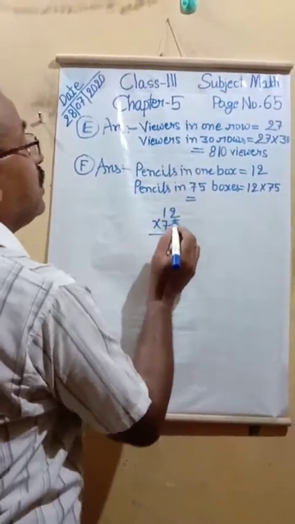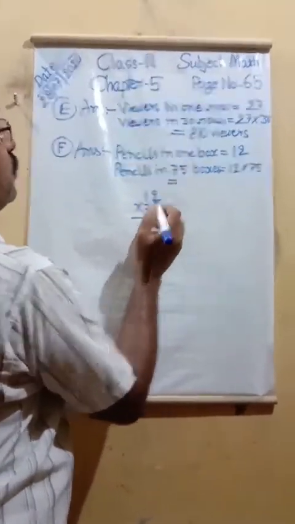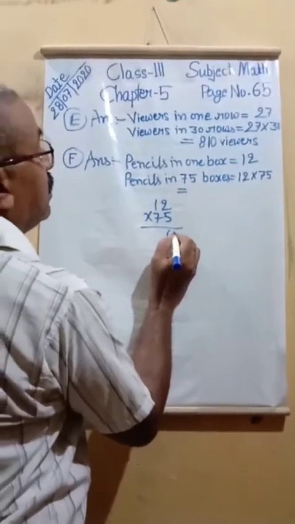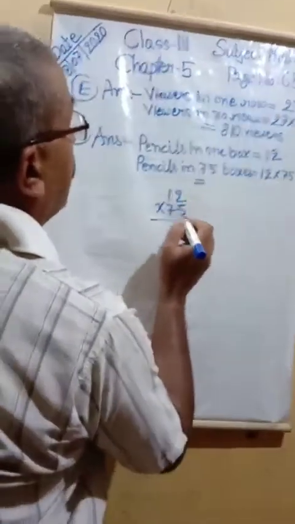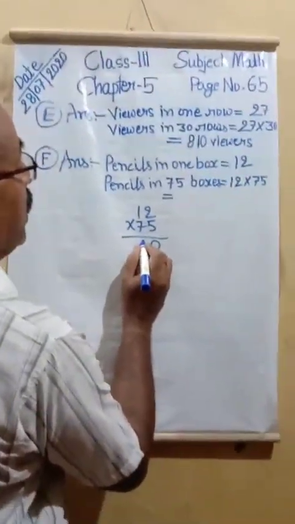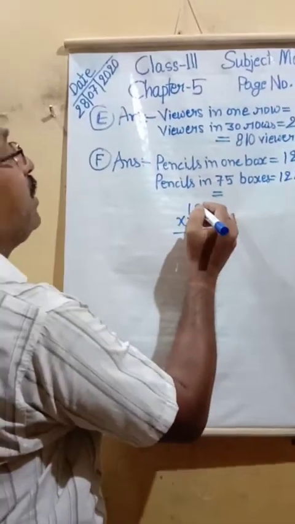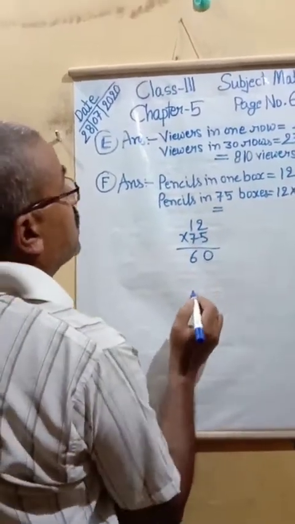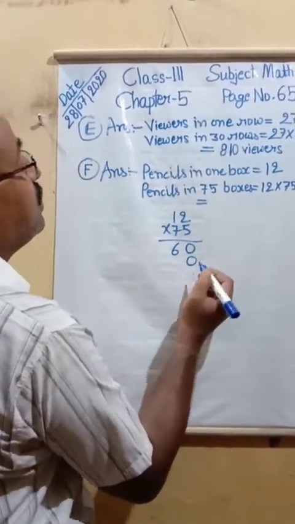Now we will read table 2 of 5 chances. 2 5 ja 10. 0 carry 1. 1 5 ja 5 or 1 6. Then we will multiply 12 with 7. Firstly, we will write here 0.